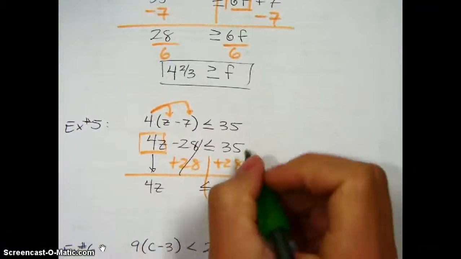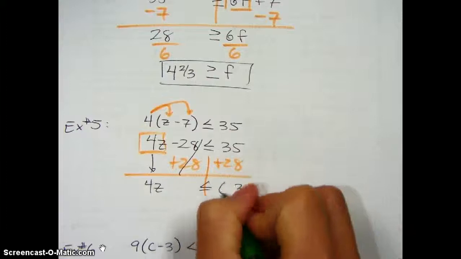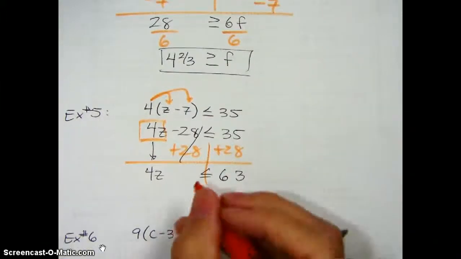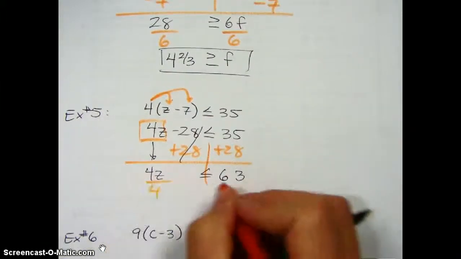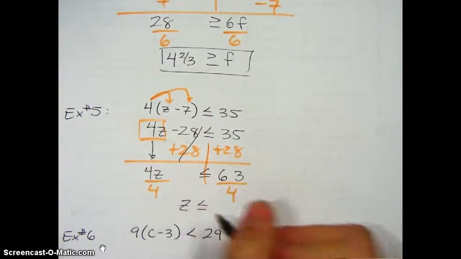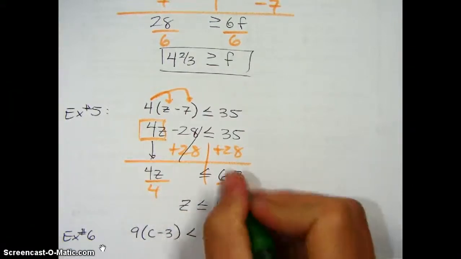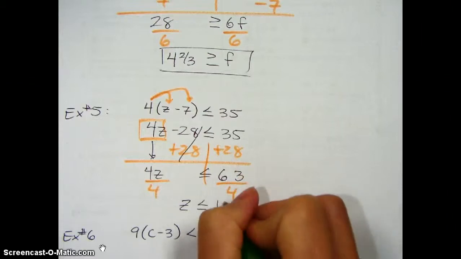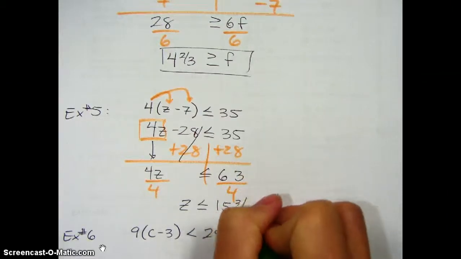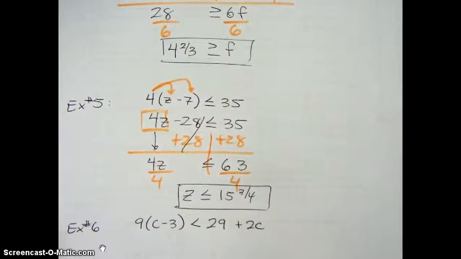Add these two things together, and that's going to be 63. And then you can divide both sides by that 4 and simplify that problem. So z is less than or equal to, let's see, it's going to go in 15 times, 4 times 15 is 60, and 3/4. And you could double check my answers on those, but just doing that real quickly.